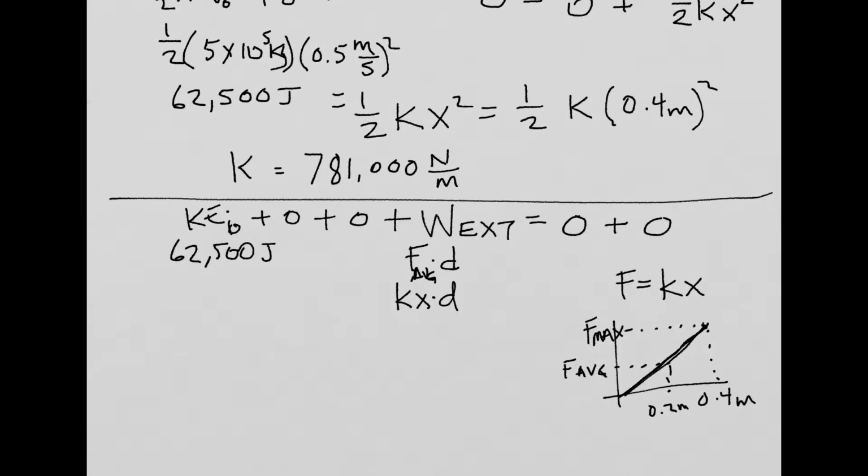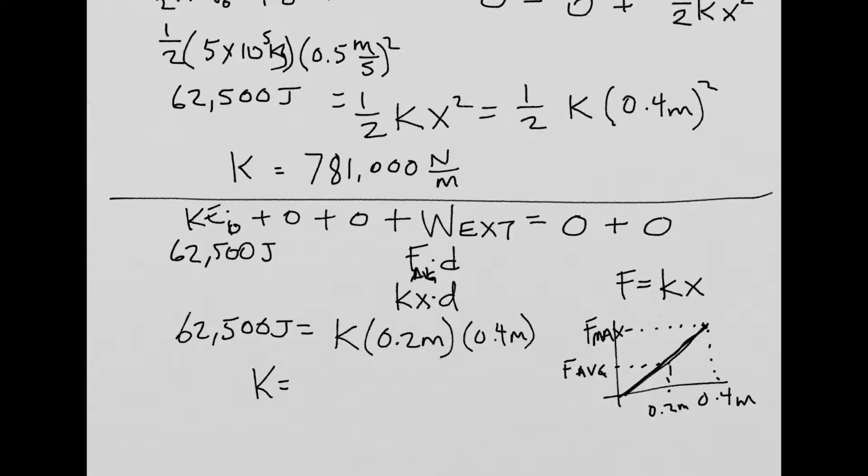So if we write this out, 62,500 joules equals the spring constant, which is what we're trying to find, times the distance where the average force is, times the total distance that the spring acts. Okay.